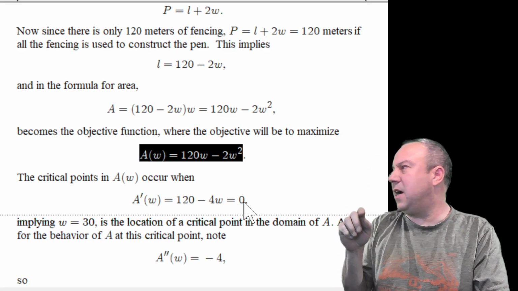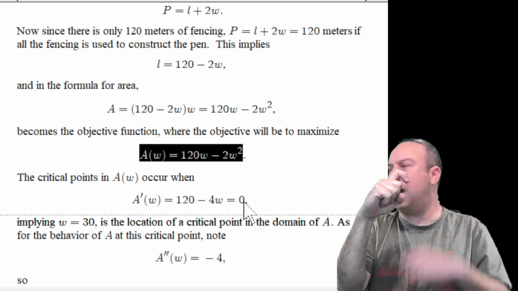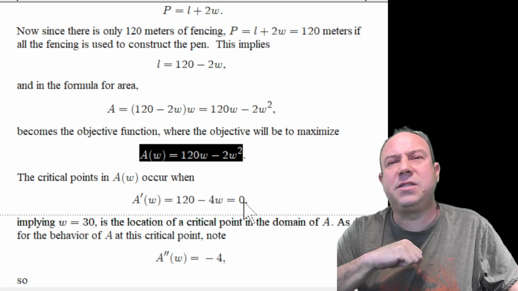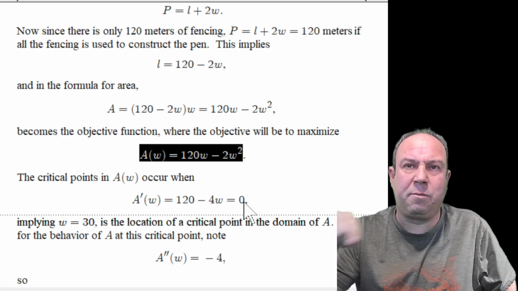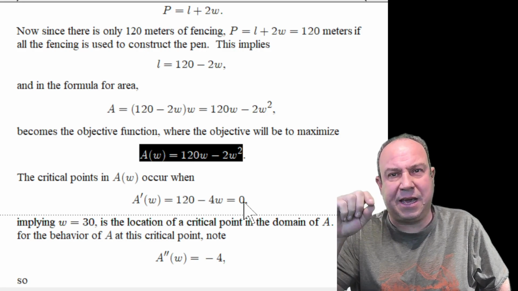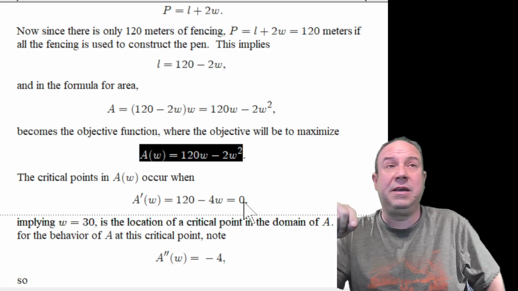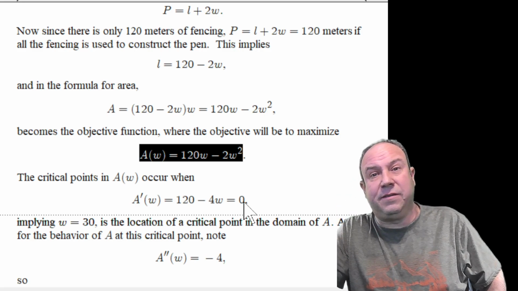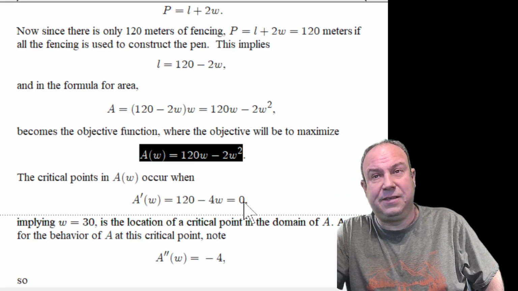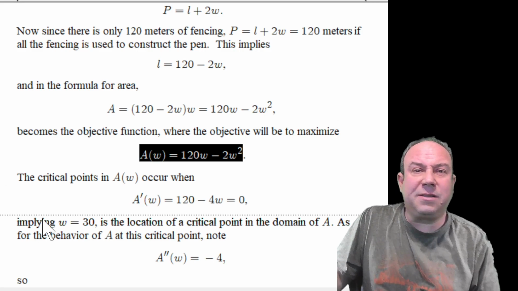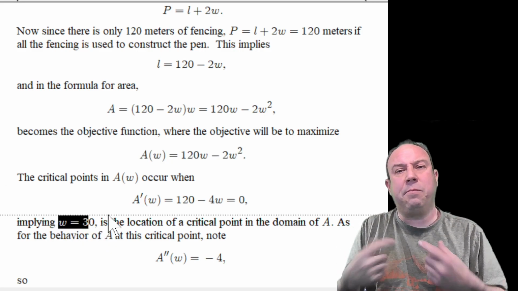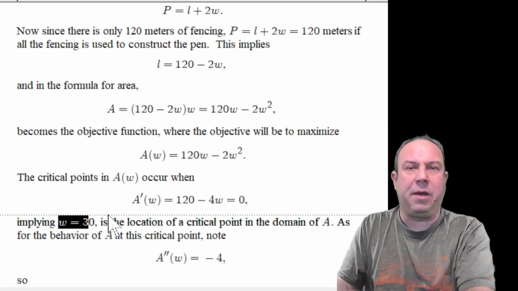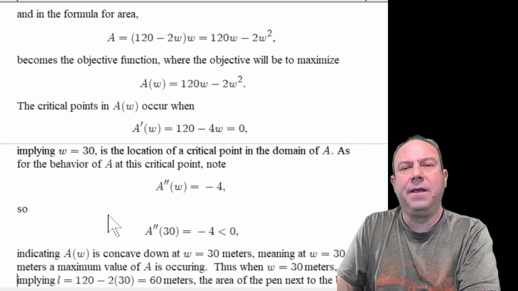And if it's always concave down, that means at the top of that concavity, there must be a maximum value, a local maximum in this case, right? We know from the second derivative test. So it does appear that this width of 30 would allow us to find a maximum area for our pen, right?